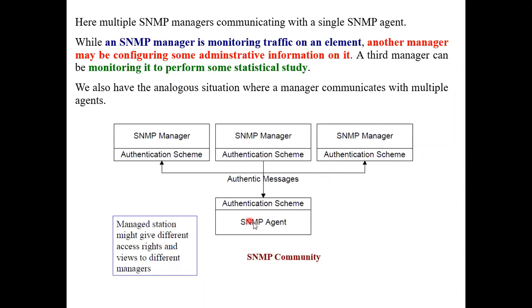So here you can see the agent remains the same, but we have multiple SNMP managers taking the data from the SNMP agent. Here in the SNMP managers, an authentication scheme is present in all the managers. Similarly, an authentication scheme is present also in the SNMP agent. So here multiple managers are communicating with a single SNMP agent.